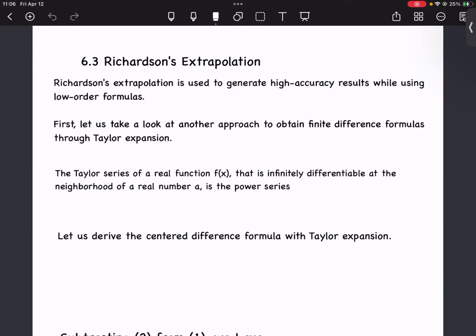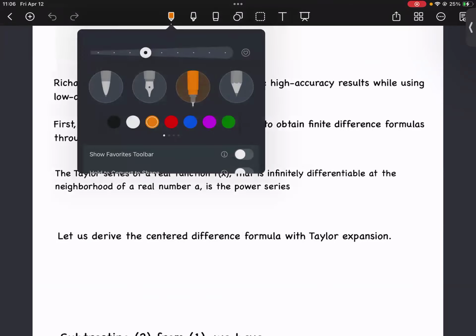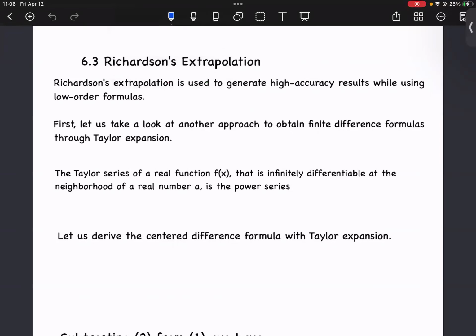If we want to expand f(x), get the Taylor series around a, it looks like this. The Taylor expansion around a should be f(x) equal to the sum from n equals 0 to infinity of f^(n)(a) over n factorial times (x minus a)^n.